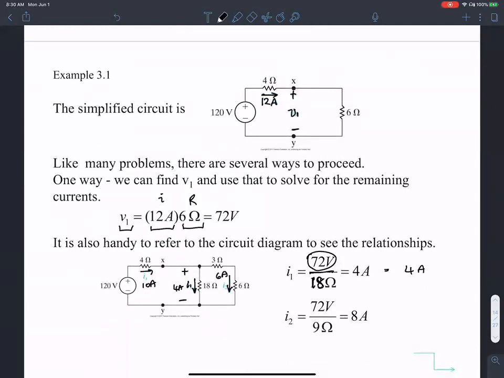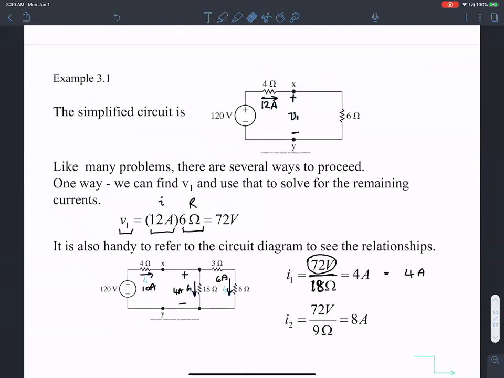This is 12 amperes. Then 4 amperes is flowing through this branch, and the remaining 8 amperes has to flow in this branch.